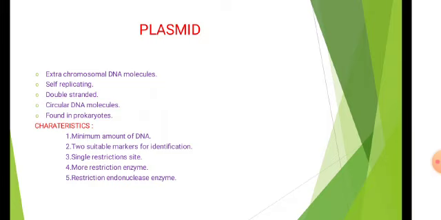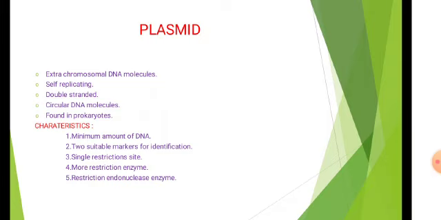Plasmids are extrachromosomal DNA molecules. These molecules are self-replicating and are double-stranded circular DNA molecules, called dsDNA, double-stranded DNA.